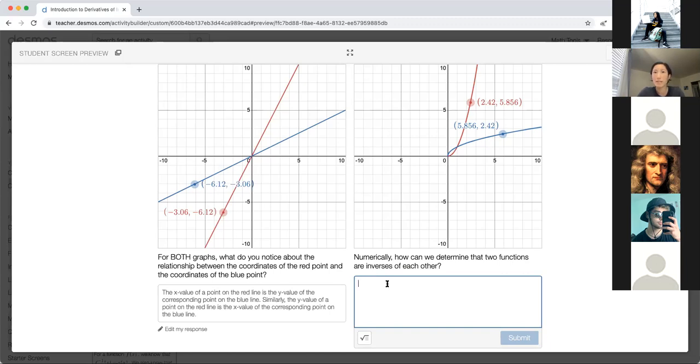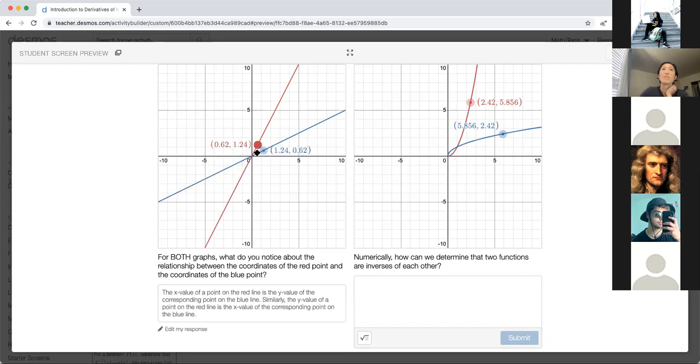Now let's take a look at the second question. Numerically, so looking at the numbers we have, how can we determine that two functions are inverses of each other? All right, think about that question for a moment.